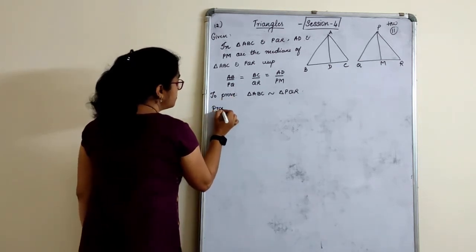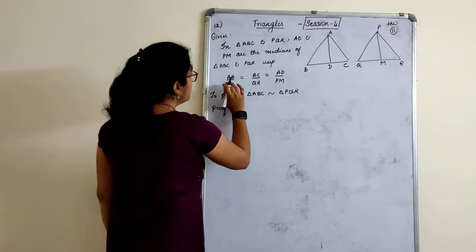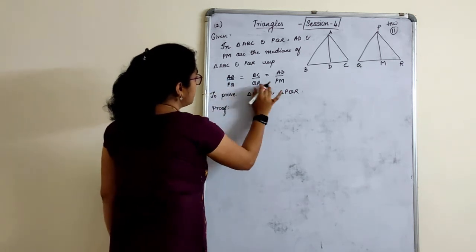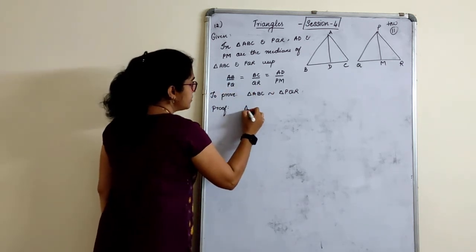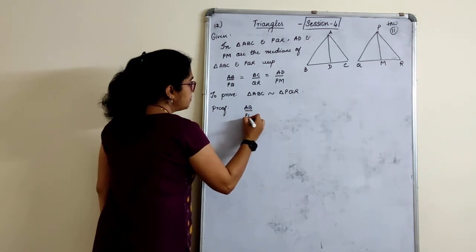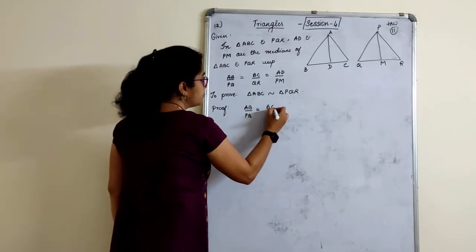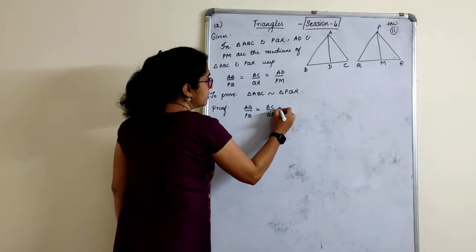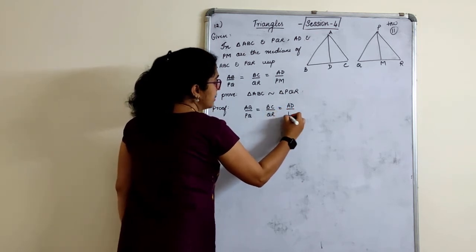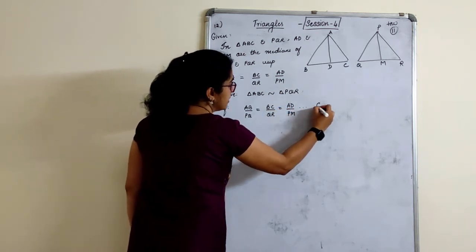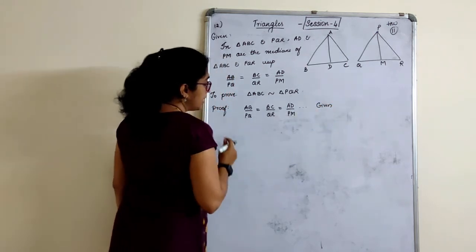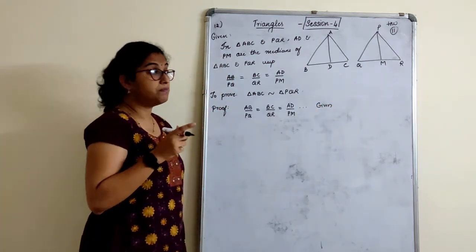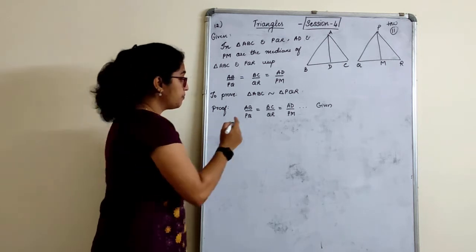Proof. So we will start from the given only, whatever we have, we'll write from this. AB upon PQ is equal to BC upon QR is equal to AD upon PM. Given. BC is the base where the median cuts.